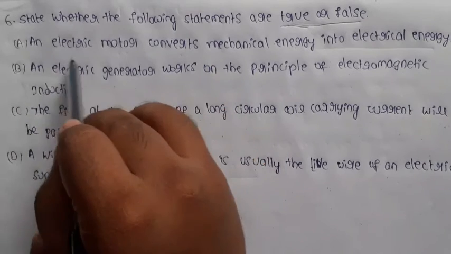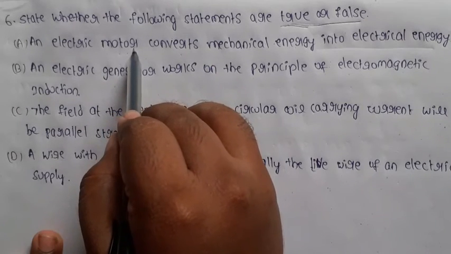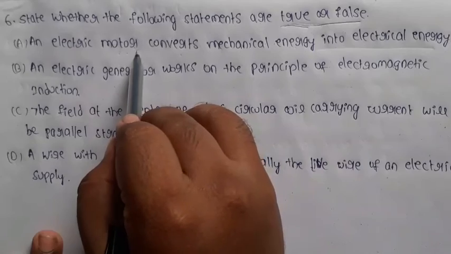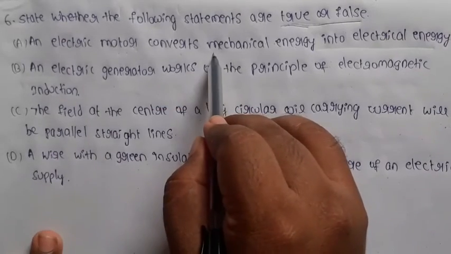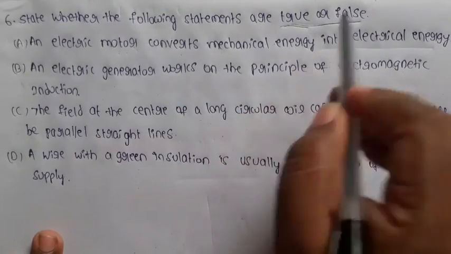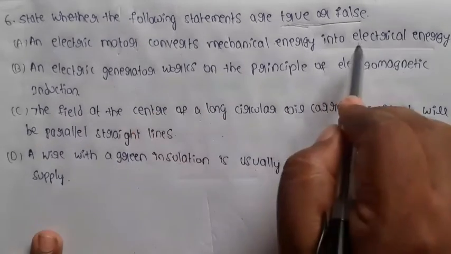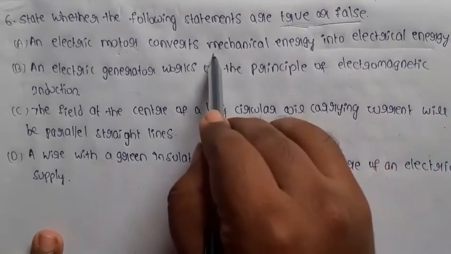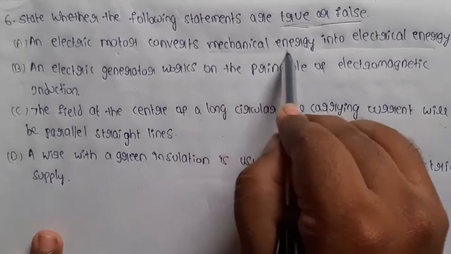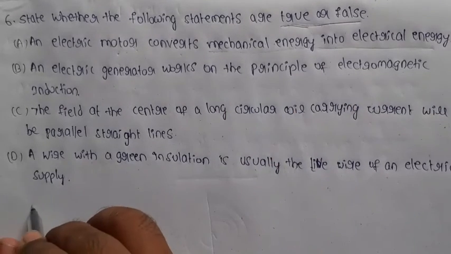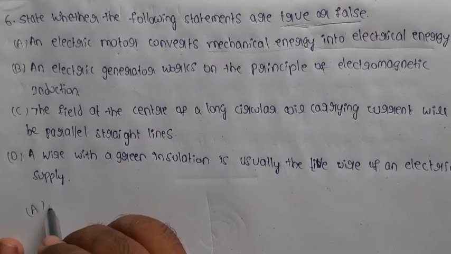First the electric motor receives electrical energy, then it performs the task and converts it into mechanical energy. So an electric motor converts electrical energy into mechanical energy, but here it is given as mechanical energy into electrical energy. So option A is false.